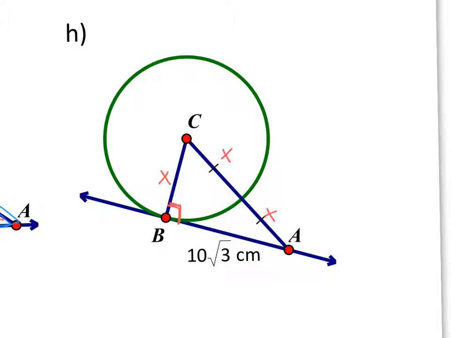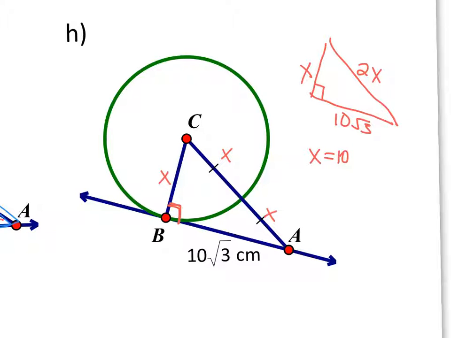Okay, so if I redraw this triangle right here, what I can see is that they're in a proportion of x to 2x to 10 radical 3. So what that implies is the pattern of a 2 and a radical 3, which means that x is 10.